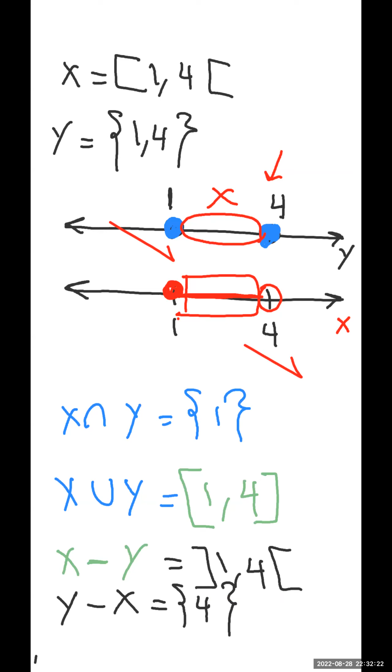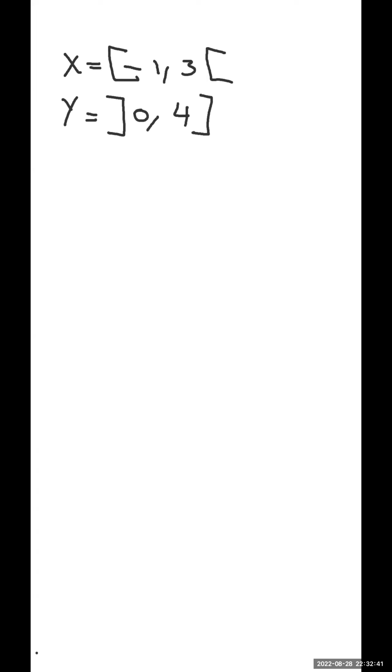Okay, guys, now the next question. If X equals -1 and 3, Y equals 0 and 4, find X intersection Y. Okay, number line, -1, 3.